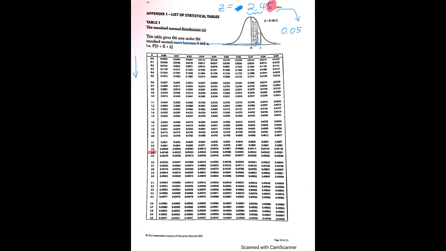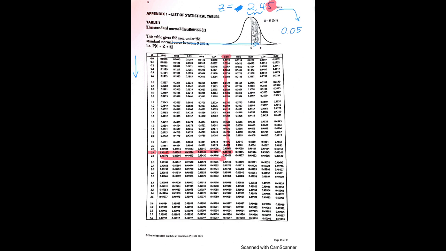Now in line with 0.05 and in line with 2.4, here's the value here. Sorry, I highlighted the wrong one. So in line with 2.4 and 0.05, the value is here, 0.49286.